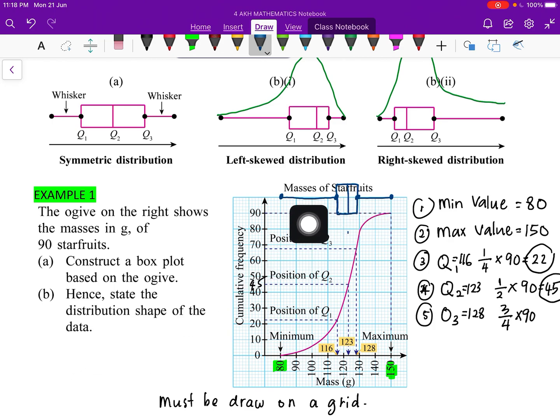Okay, so if you see the data, kita punya whiskers, dia punya length tidak sama. So this cannot be done as symmetric distribution. Okay, so whiskers kita on the left is longer than on the right. Jadi bila left longer, so meaning dia adalah left skewed distribution. So the answer for B will be left skewed distribution.